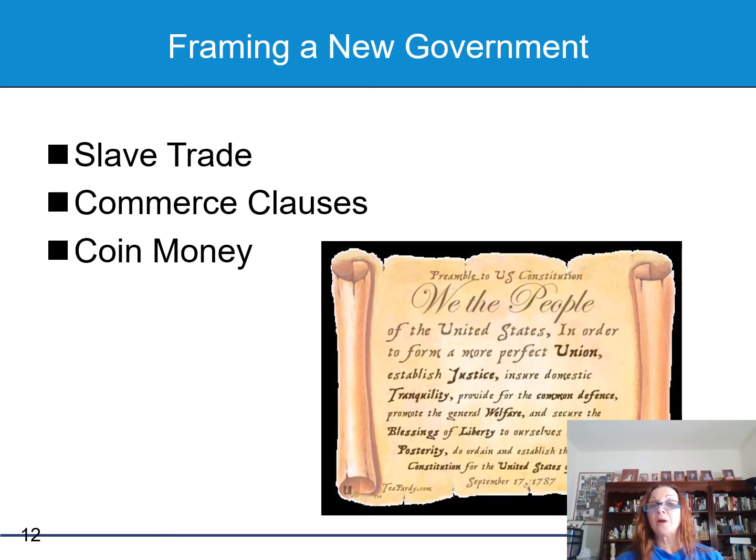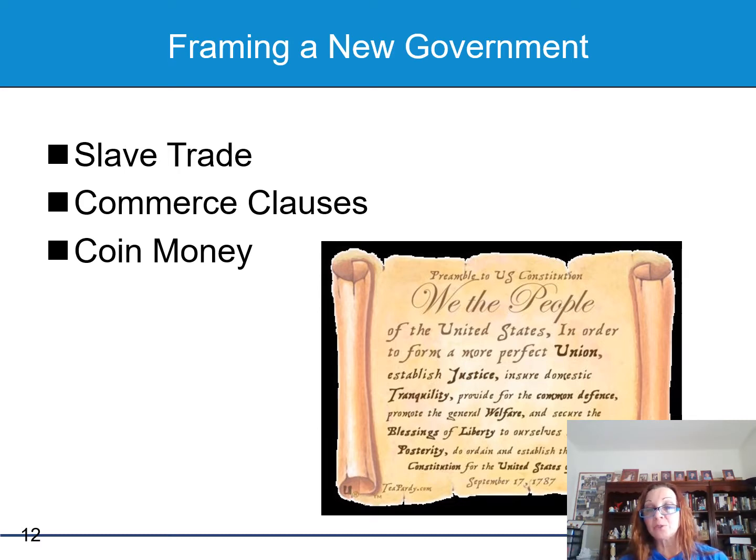Another issue were the commerce clauses. Remember, trade was an issue. So in the commerce clauses, they established that interstate commerce, that is commerce between the states, could be regulated only by the federal government. And that's so that the southern states and the northern states and the western states would not start taxing each other like they had been doing before the Constitution was written.